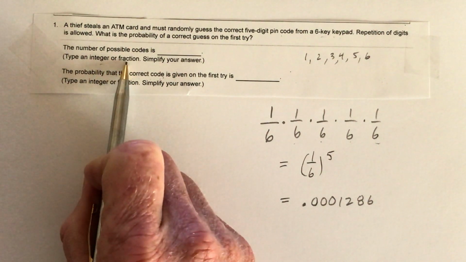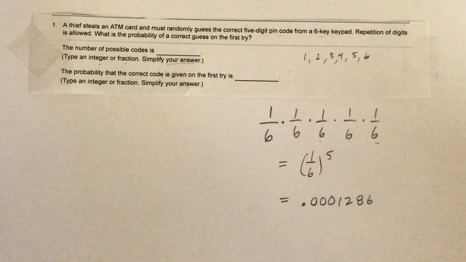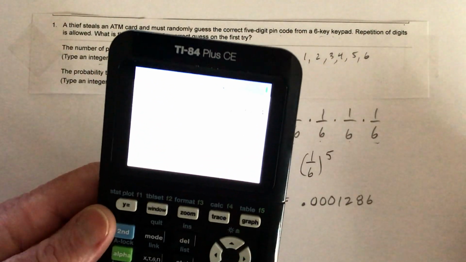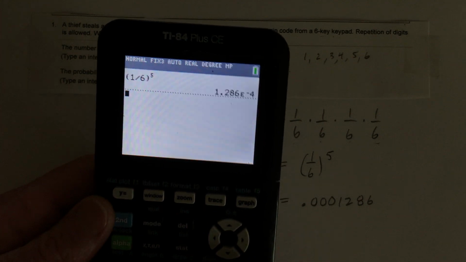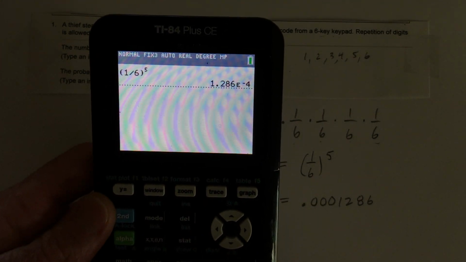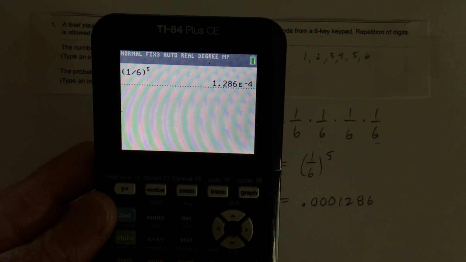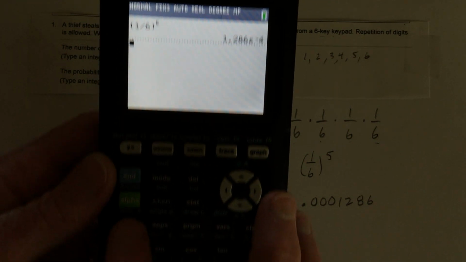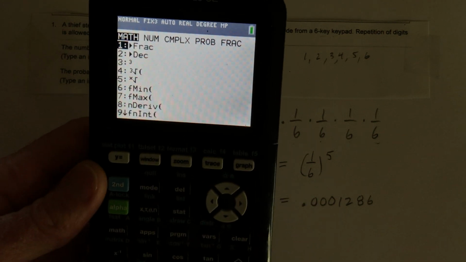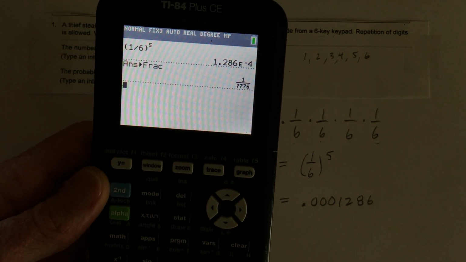Put an integer or a fraction, simplify your answer. So now I really do need this to show up. There we go. Can't see anything else, but now you can see the calculator. So once I typed in the 1/6 to the 5th and make sure I put parentheses, then just go over here to math and change it to a fraction.